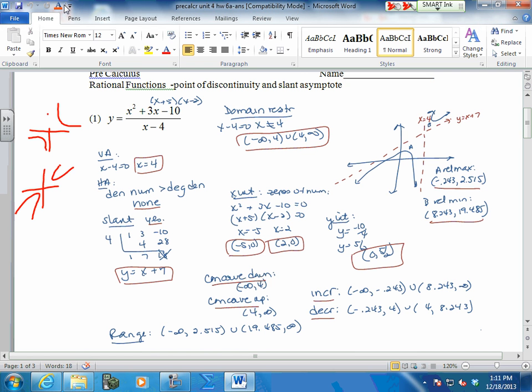Because your asymptotes are what guides your end behaviors. Okay, so your slant asymptote is no different than a vertical or a horizontal. It's just slanted. And it follows your format of your line. Y equals mx plus b.